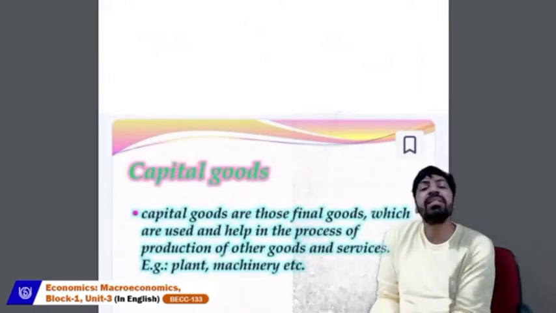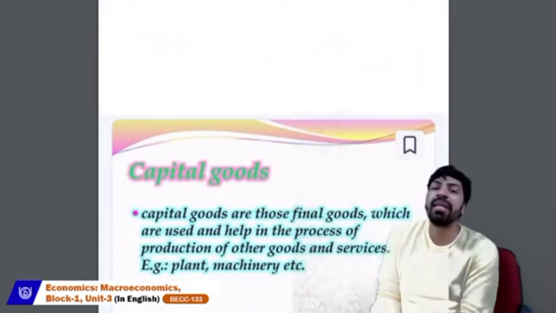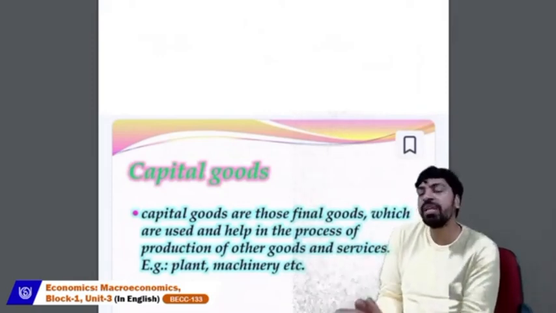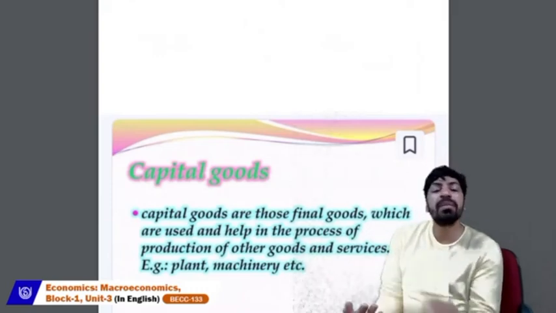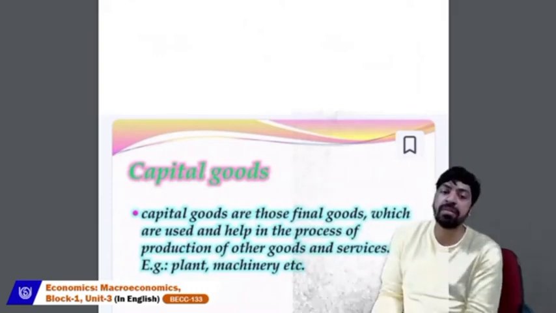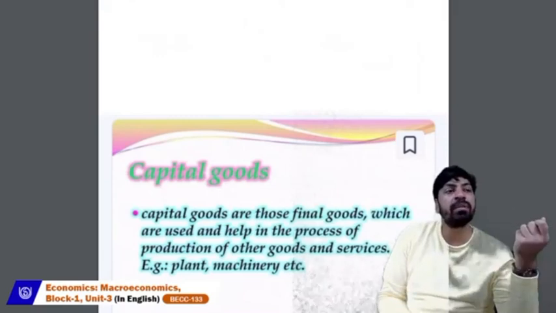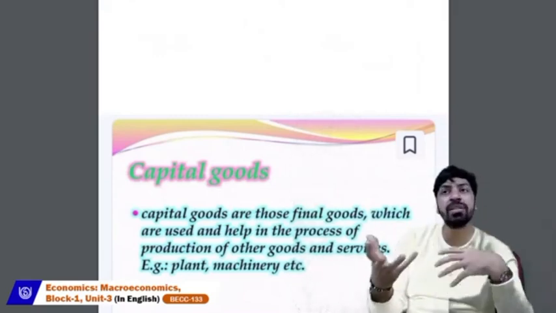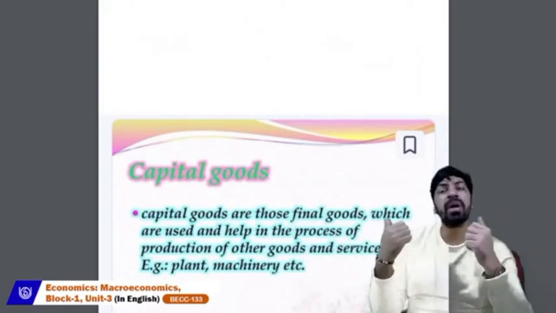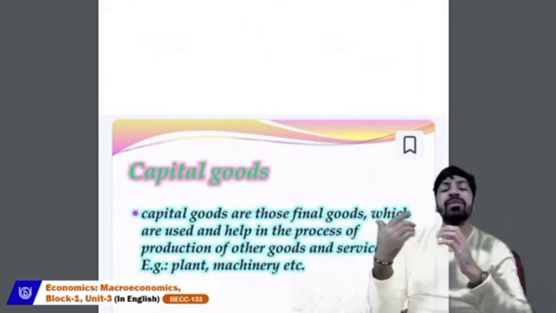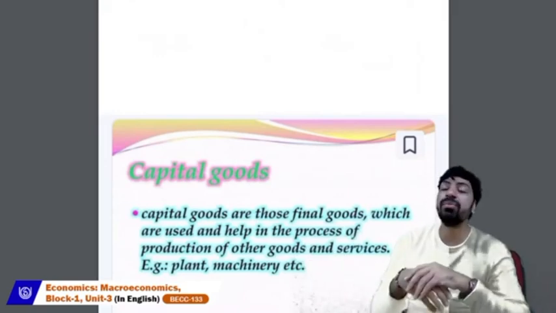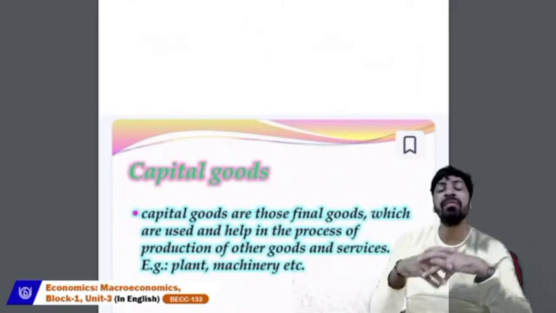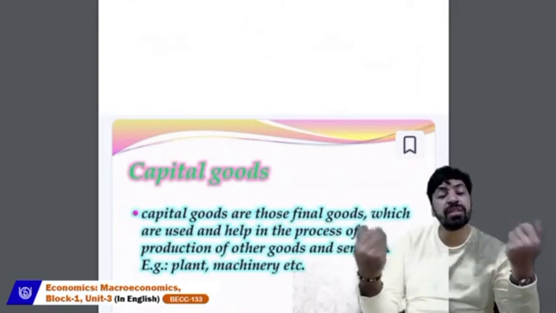The next one is capital goods. Capital goods are those final goods which are always used in the process of production of other goods. Organizations produce goods and reach the ultimate consumers through plant and machinery, and even furniture, fixtures and land.